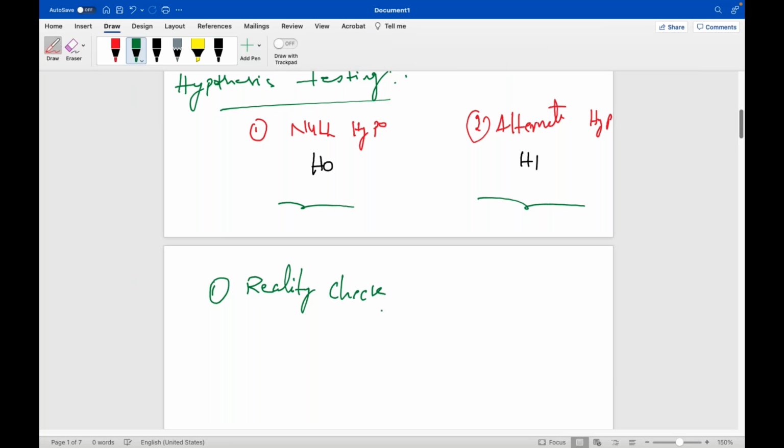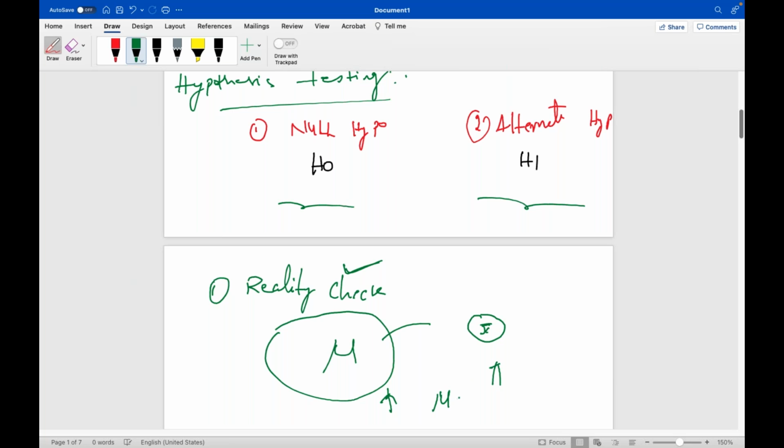For example, suppose I have a population with mean capital mu, and from this population we take some sample data with mean x bar. Reality check means our assumption is that the population mean and the sample mean are the same.